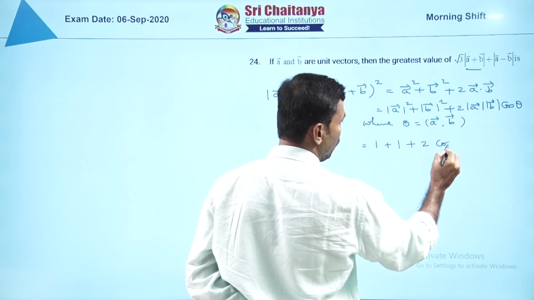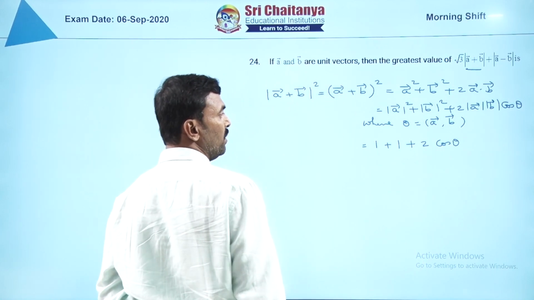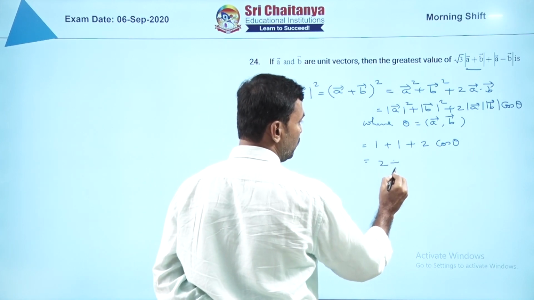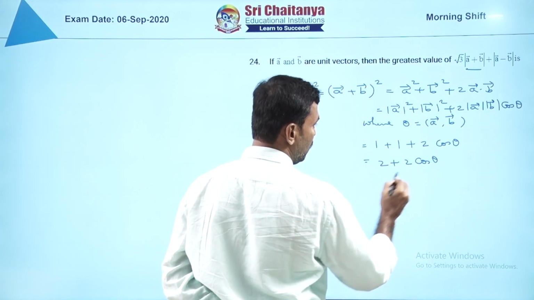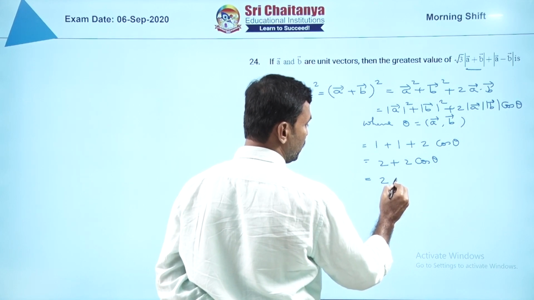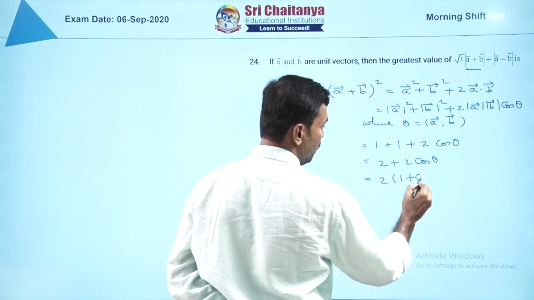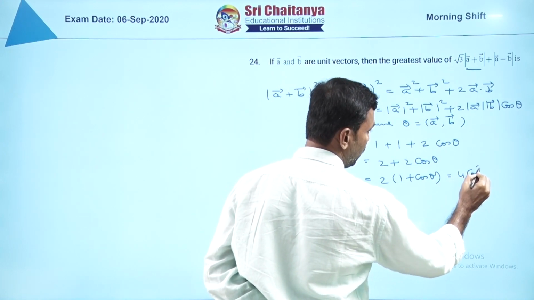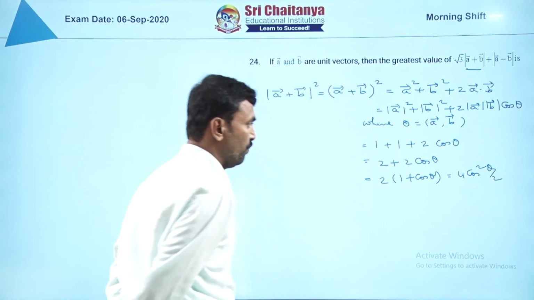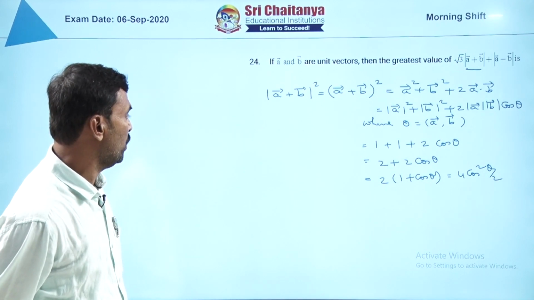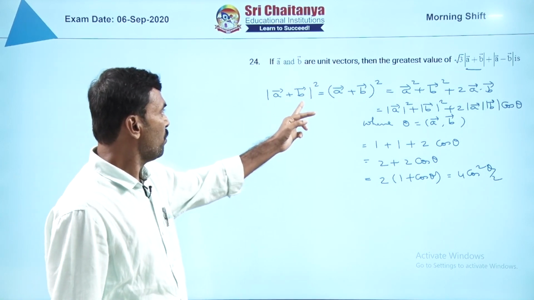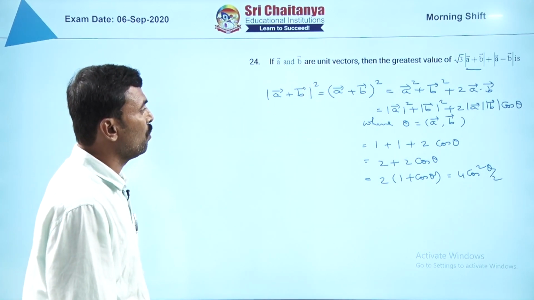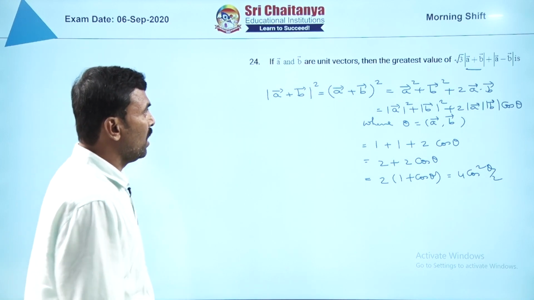So, 2 times cos theta you will get, which is equal to 2 plus 2 cos theta, 2 times of 1 plus cos theta, which is equal to 4 cos square theta by 2. So, magnitude of A bar plus B bar whole square is 4 cos square theta by 2.